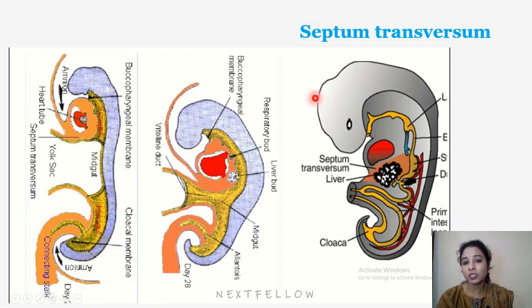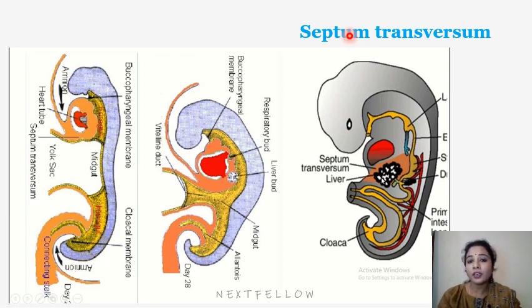Initially it is on the cranial side. Because of the head fold, it moves towards the ventral side of the embryo. It forms the central tendon of the diaphragm, which is like a partial partition between the thoracic and abdominal cavity, and this partition forms in each pericardio-peritoneal canal, separating the pericardial cavity from the pleural cavity.